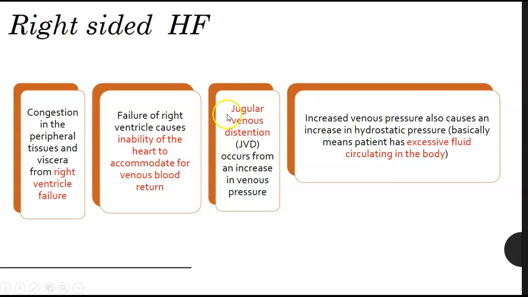You may see jugular venous distension because of the increase in venous pressure, and increased venous pressure can also cause an increase in hydrostatic pressure, which basically means that the patient has excessive fluid circulating in the body. So right-sided heart failure, again, is from right ventricular failure.